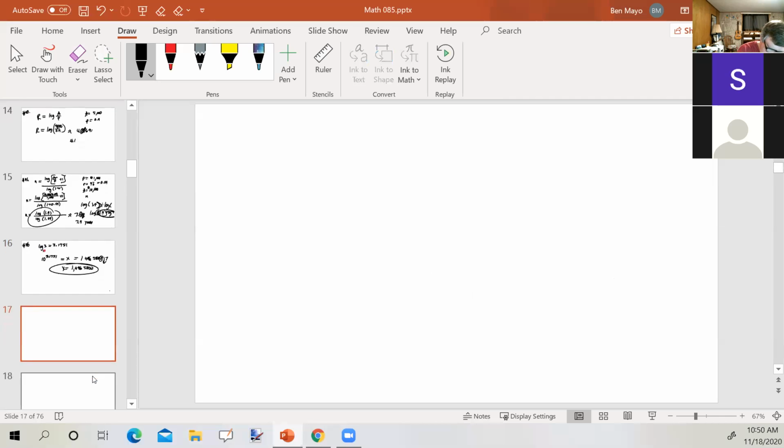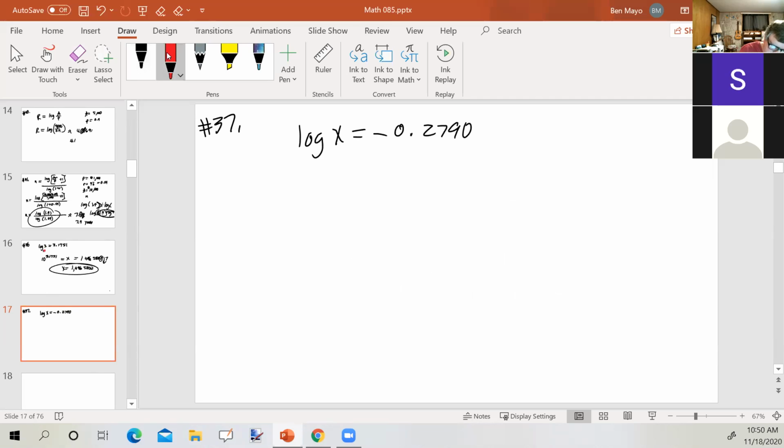Okay. Number 37, pretty much the exact same idea. We're going to take the log of x equals negative 0.2790 and solve for x. This is an implied log base 10. So 10 to the negative 0.2790 power equals x.